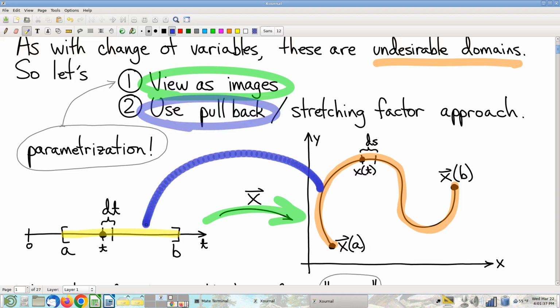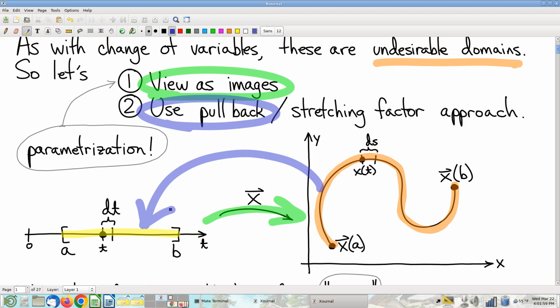And the pullback allows you to take the undesirable integral over this orange undesirable domain, pull back, and turn it into an integral over this deliberately nicer domain. Okay? So that was the big picture strategy of change of variables.